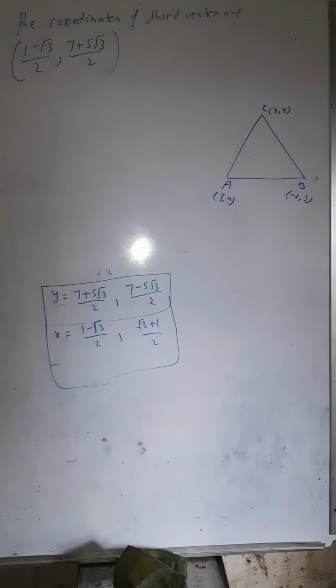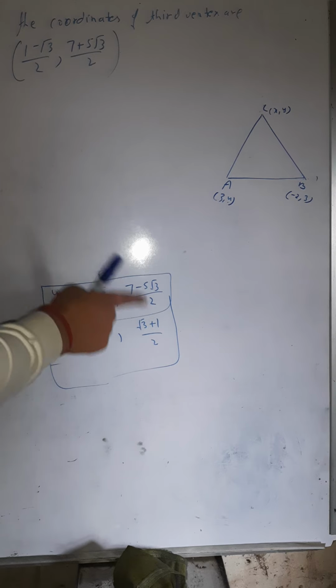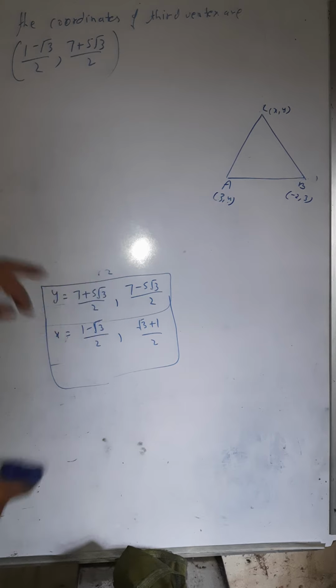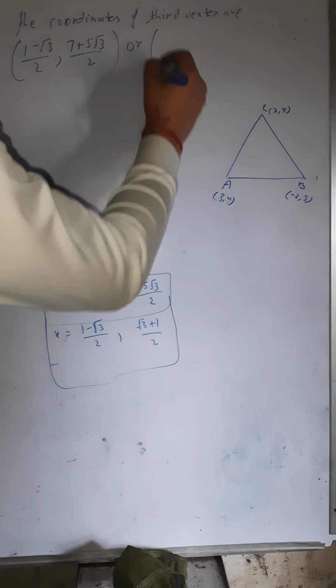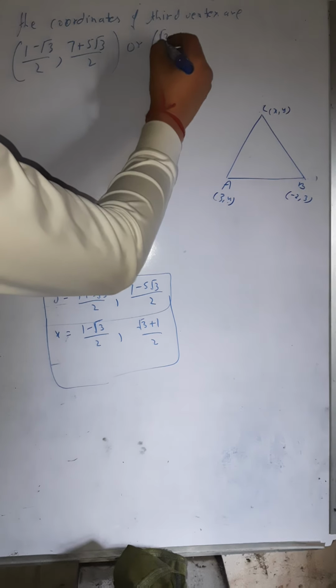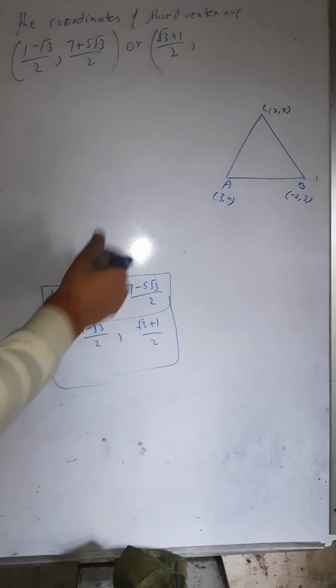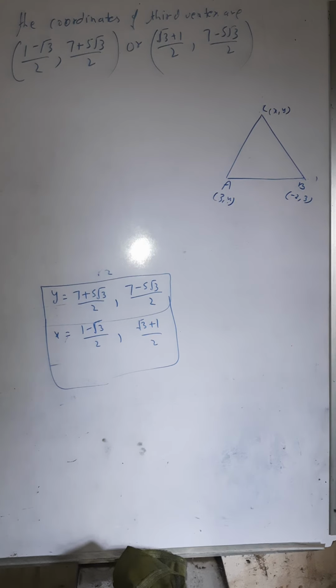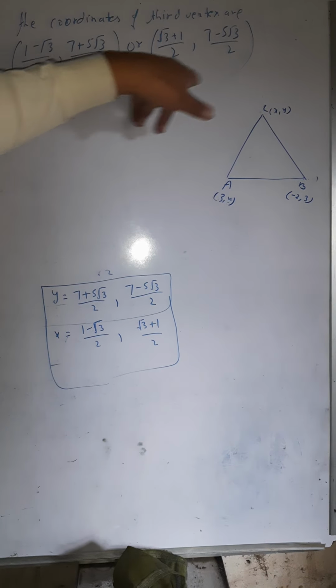This is the first coordinate. And this also can be the answer. If x is this, then y is this. Or you can write here, if x is (under root 3 plus 1) by 2, then y is (7 minus 5 under root 3) by 2. So the answer can be this also and this also.